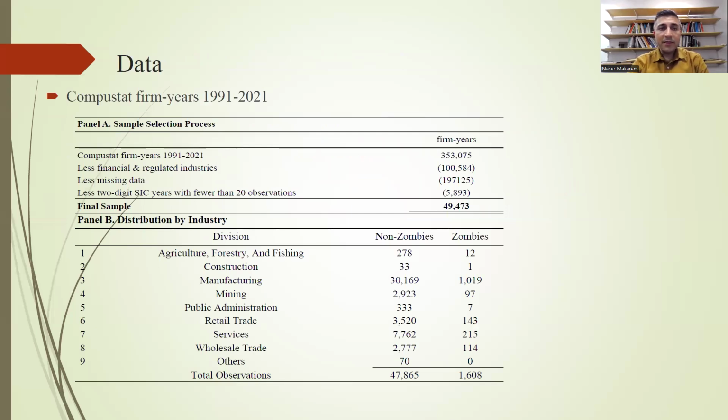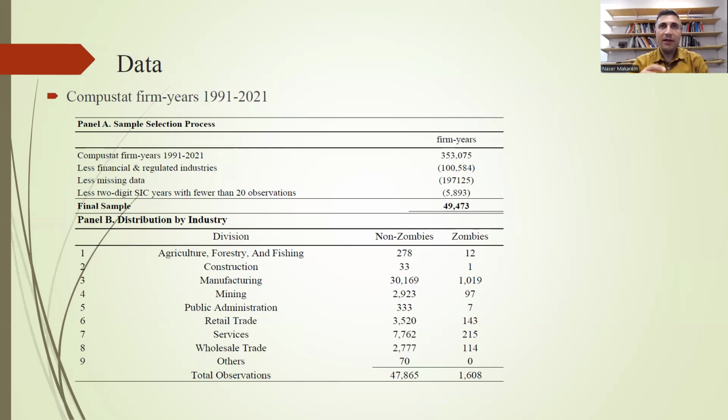In terms of data, we took data from Compustat for the period 1991 till 2021. As you can see, in the process of sample selection, we reduced the sample. We excluded financial and regulated industries, which is the norm in earnings management studies. We also had some missing data because running the regressions for calculating earnings management requires some data availability.